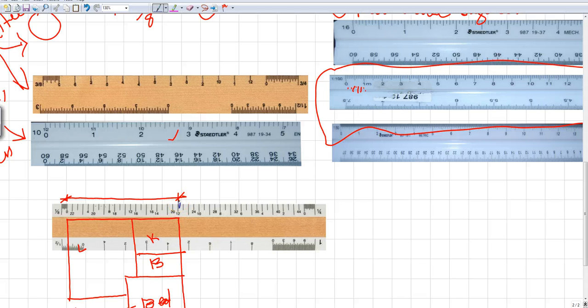Correct? Now there's another number below, which is 12. Now what is the 12 for? The 12 is for this scale. If I'm reading in this direction, then that's 1/4 scale, right? And this is 1/8 scale, which is the top one.